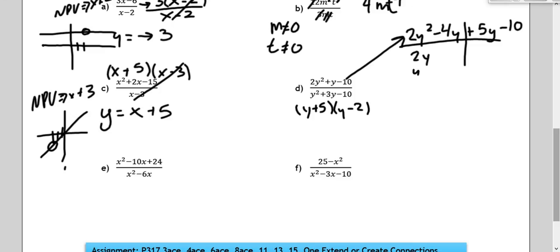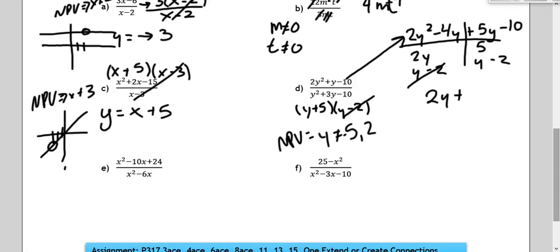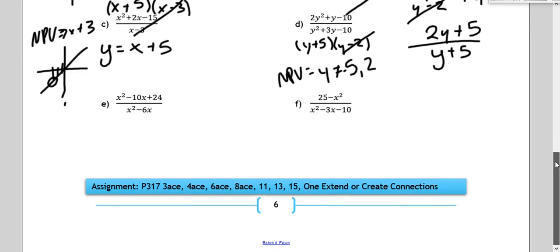So that leaves me with y minus 2. Perfect. So then my NPV is y cannot equal -5, 2. This cancels, and then we're just left with 2y plus 5 over y plus 5. You cannot cross out anymore. Don't do it. Stop. Okay?